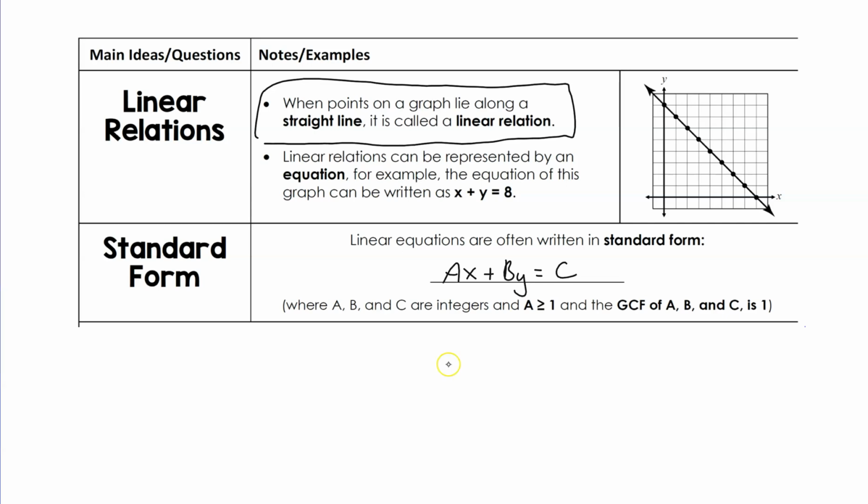So you really can't have, when you think about it, 0.8x plus, let's say, 2y equals 3, because you see how this a is not greater than or equal to 1? So that doesn't work. And the greatest common factor of a, b, and c is 1.